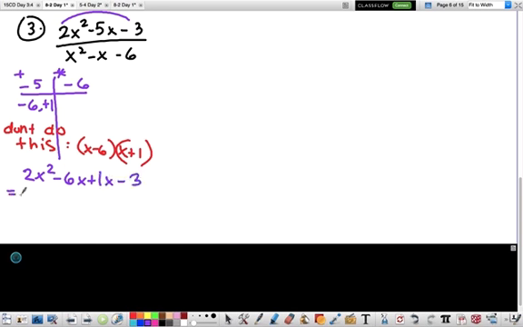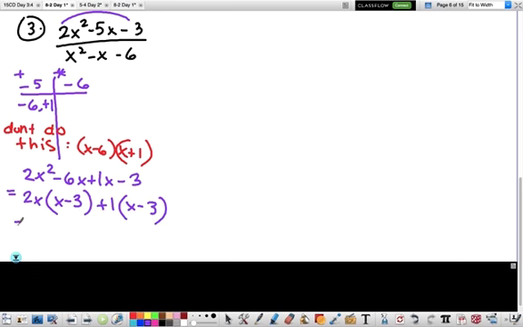Let's see. Factor out 2x. What's left? X minus 3. I can factor out 1 from here times x minus 3. And now I see that it's 2x plus 1 times x minus 3. Good?